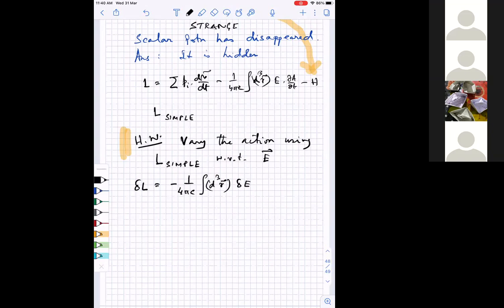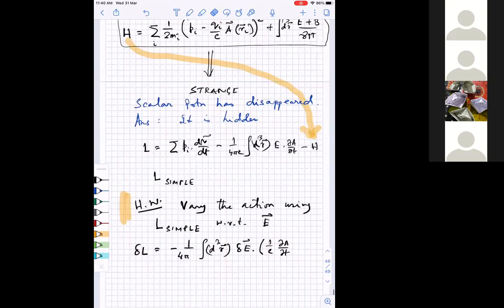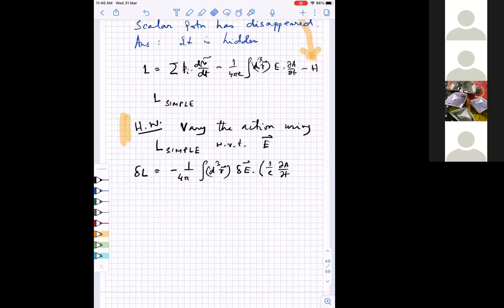Handwriting is becoming really bad. Delta E dot 1 by c del A del t. This c has to go over here. Plus E. This is what we will get.